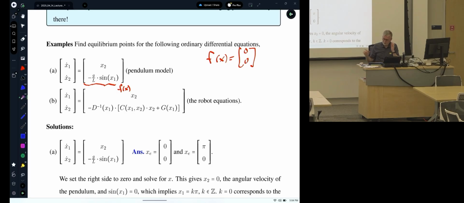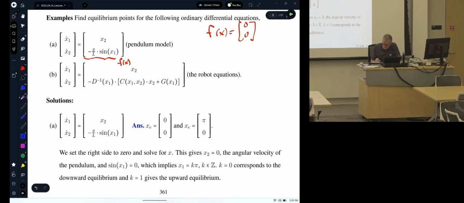Now, one thing we know with a nonlinear function is we know how to do a linear approximation of the function around a given point. And for differential equations, it's interesting to replace the nonlinear dynamics with a linear approximation.